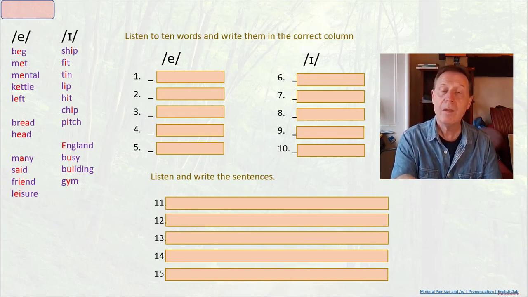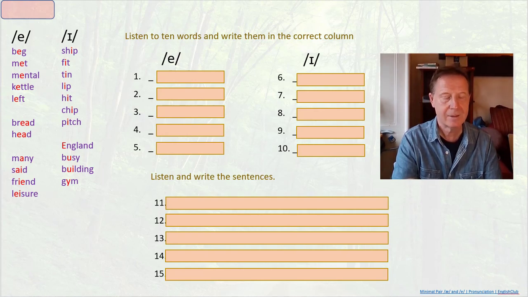So listen, think about the spelling and write the words. Number 1, belt. Number 2, guess.